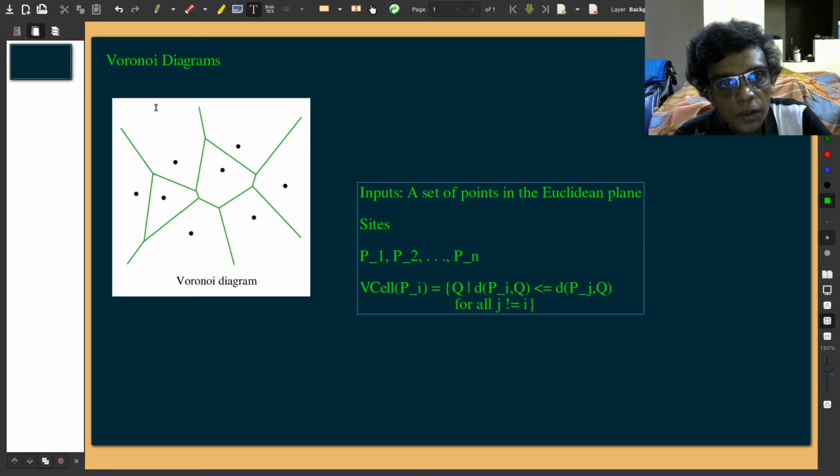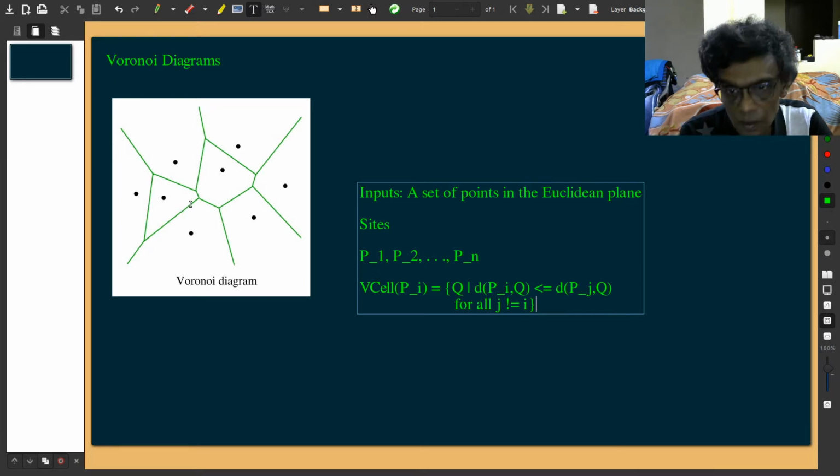This is a convex region because this is essentially the intersection of all the half planes. If I fix a value of j and consider the set of points that are closer to Pi than to Pj, then it's a half plane, and each Voronoi cell is the intersection of all half planes Hij.